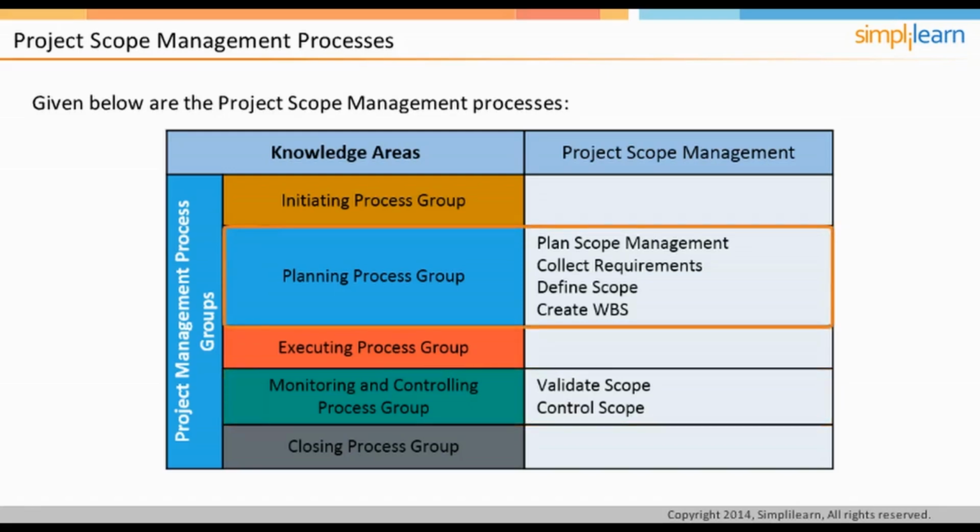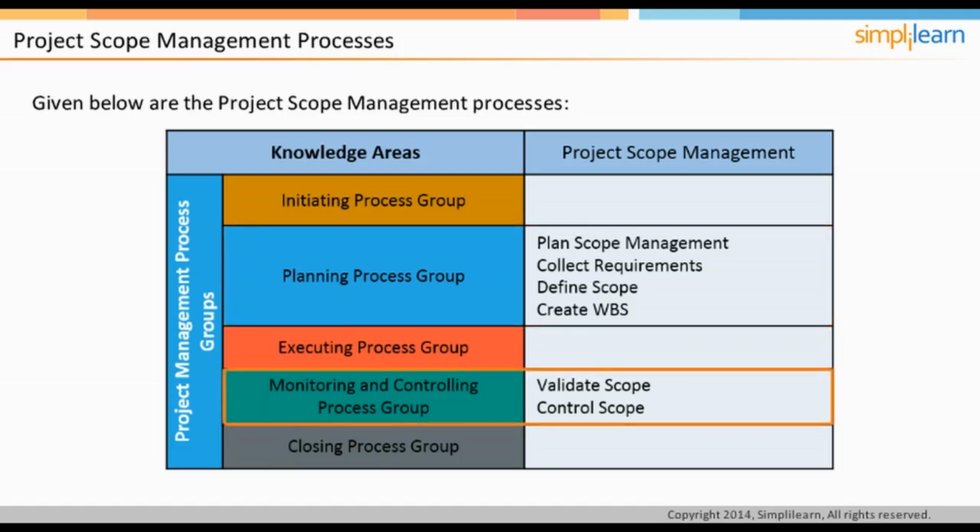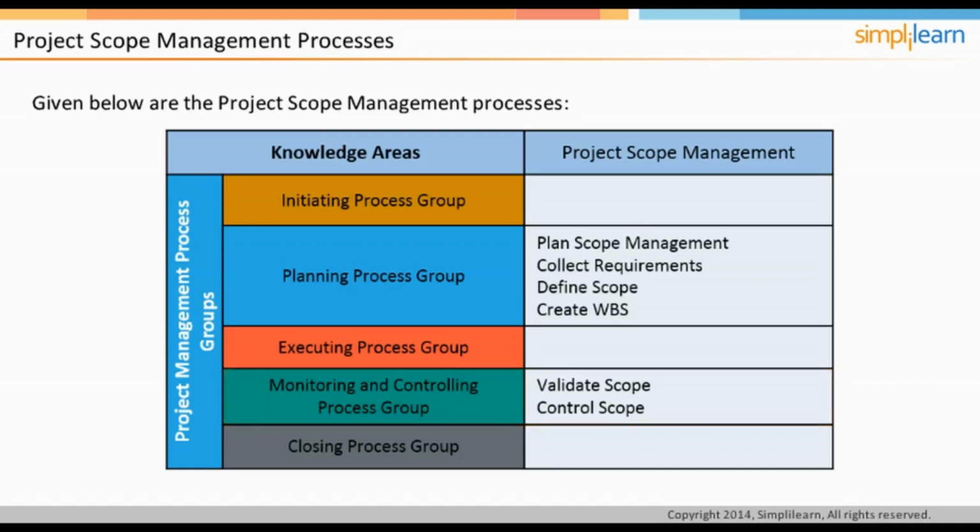The first 4 processes, that is, plan scope management, collect requirements, define scope, and create WBS, are part of the planning process group, and the remaining 2 processes, validate scope and control scope, are executed as part of the monitoring and controlling process group. In the next few screens, we will look at each of these processes in detail.